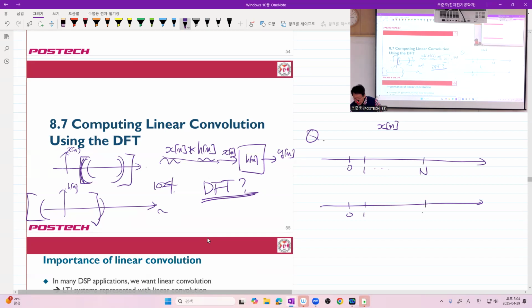For convenience, let's assume that these are both time limited. Otherwise, we have different results. So we have taken this part and that part.